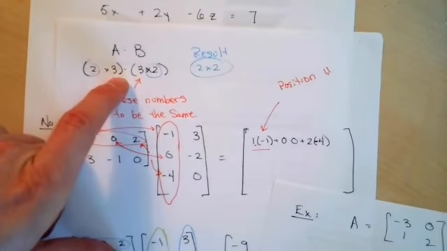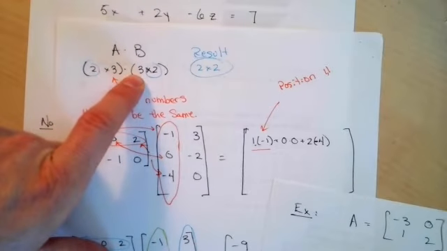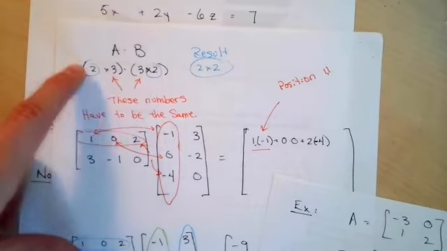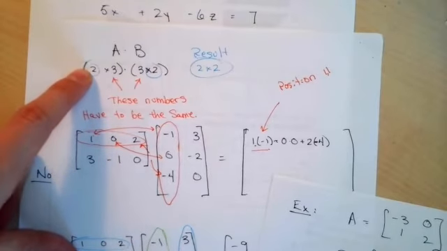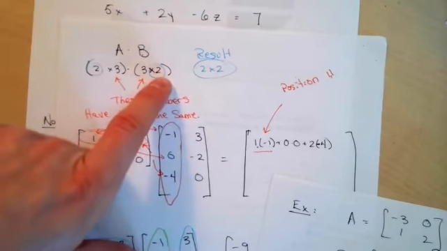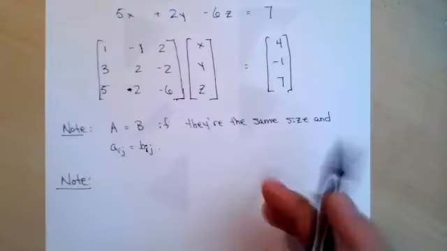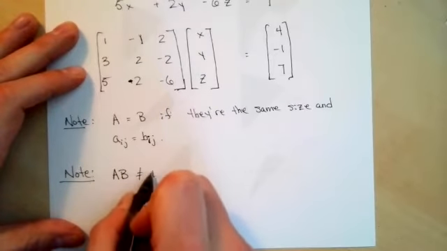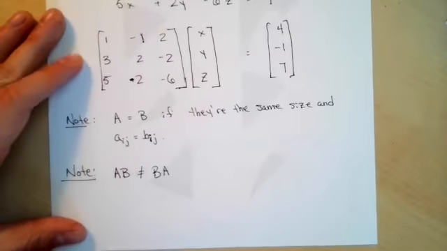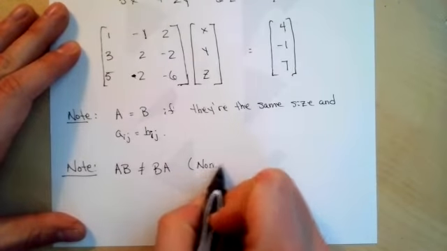We need the number of columns of A to be equal to the number of rows of B, and then the resulting product is going to have the same number of rows as A and the same number of columns as B. So the result here was a 2 by 2. If we switch those, we're going to get something different. So A times B is not necessarily B times A. This is what we call non-commutative.